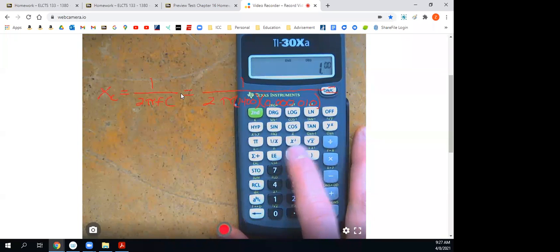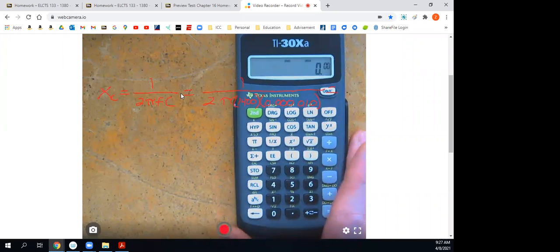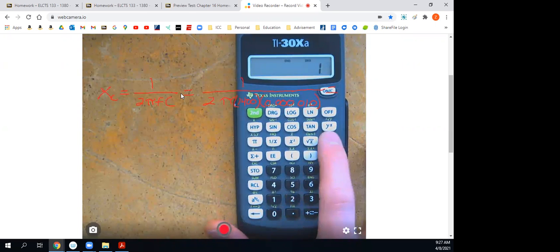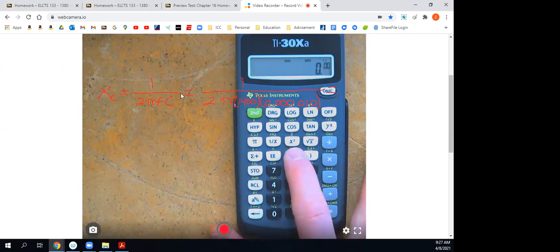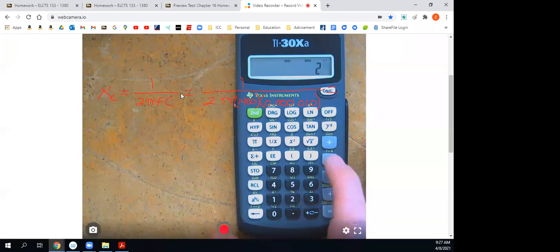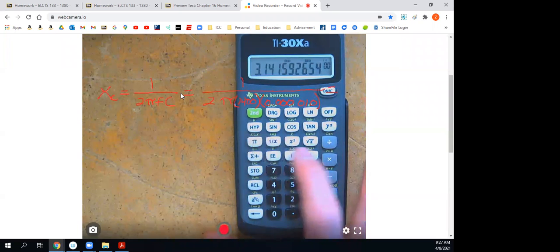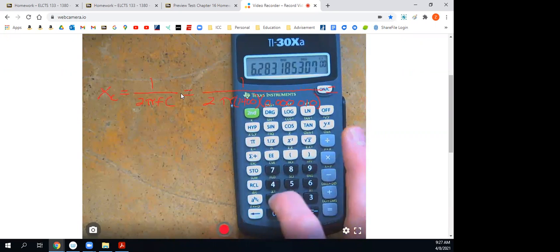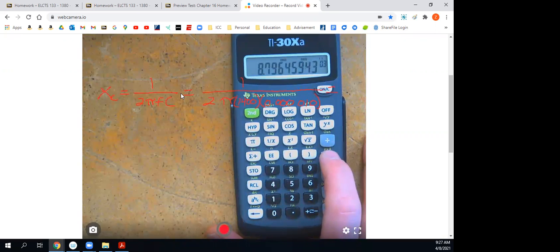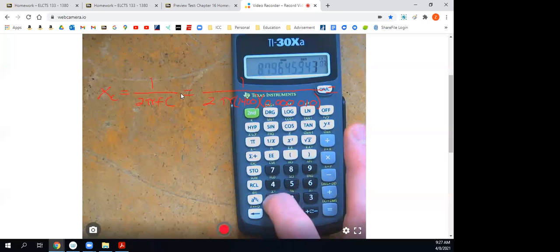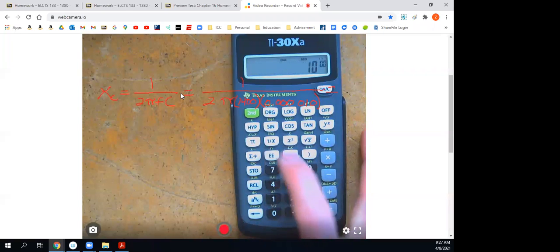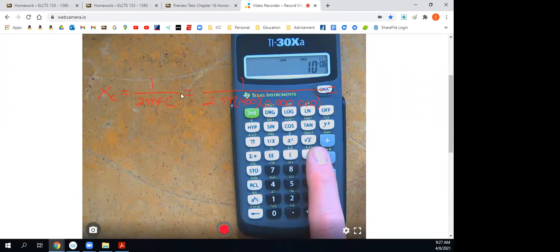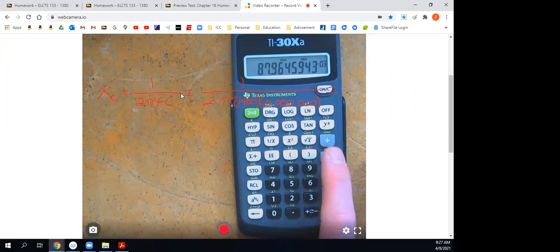So 1 divided by left parentheses 2 times pi times 1400 times 10 to the negative 6, right parentheses, equals.